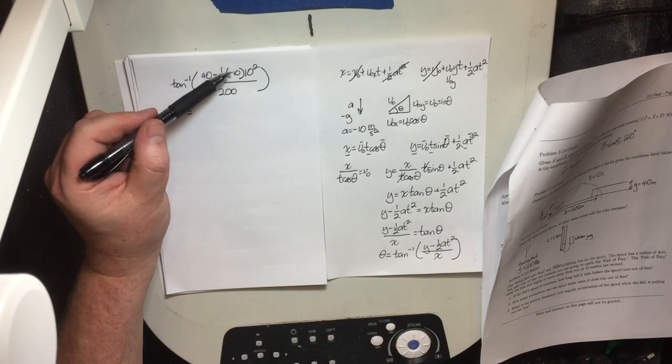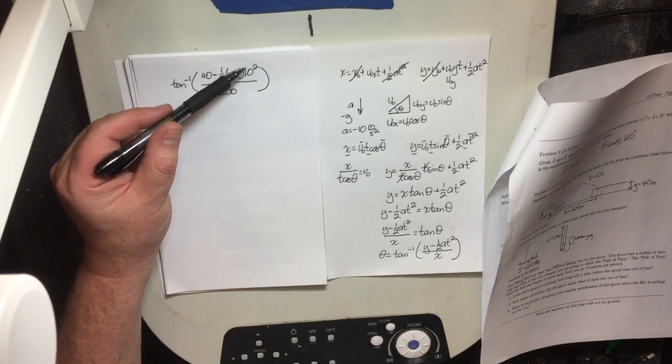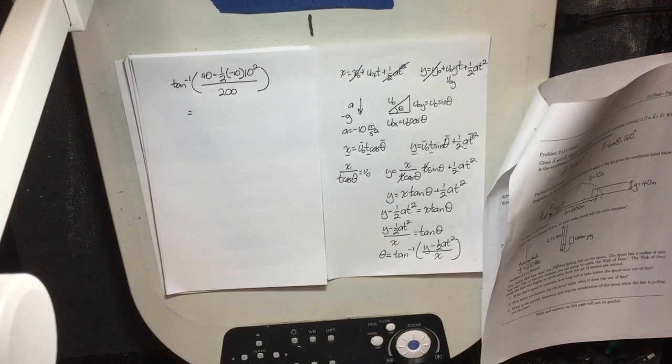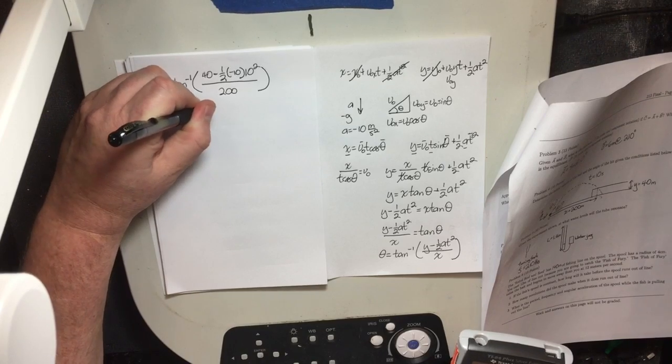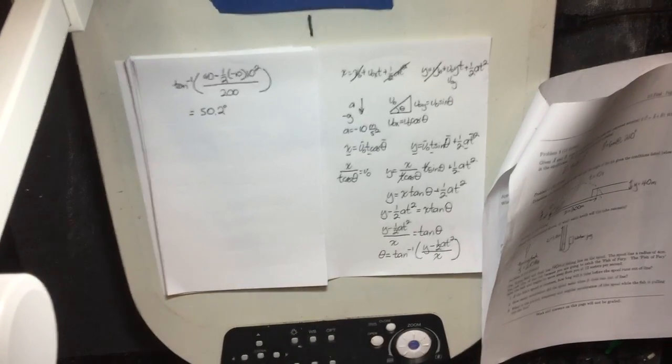Negative negative is positive. That's a 5, and 5 times 100 is 500. So this is inverse tan of 240 over 200, which is 50.2 degrees. So that's the angle.